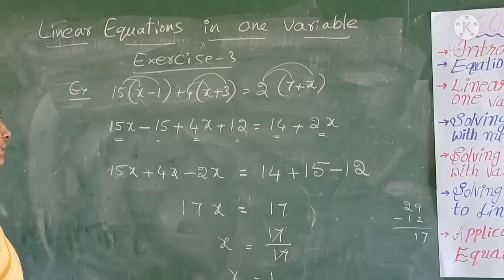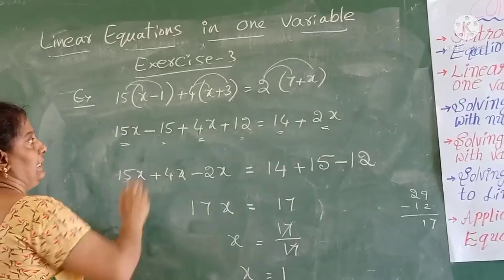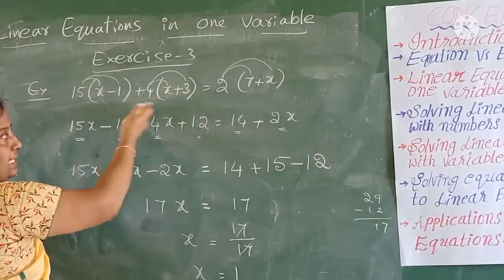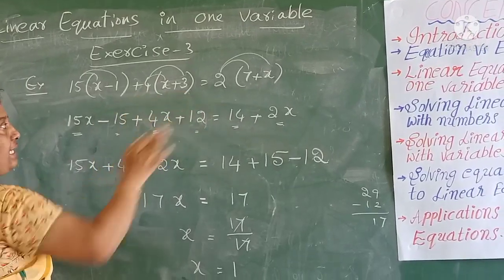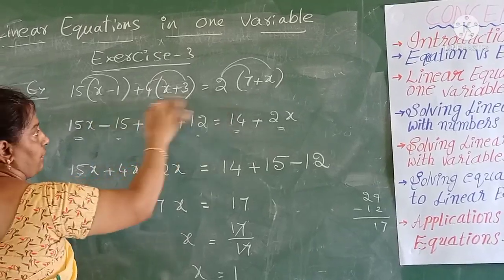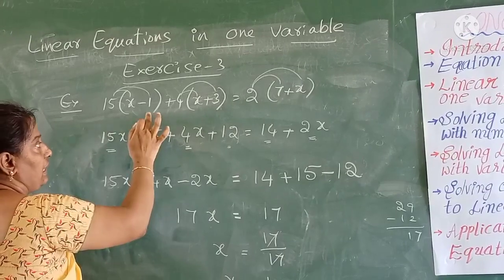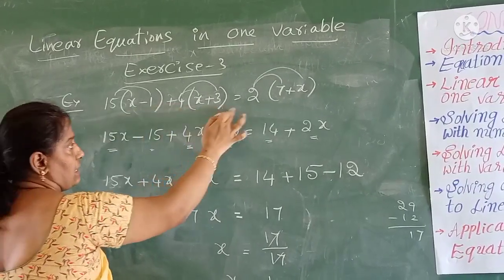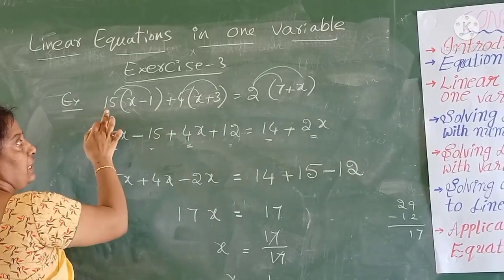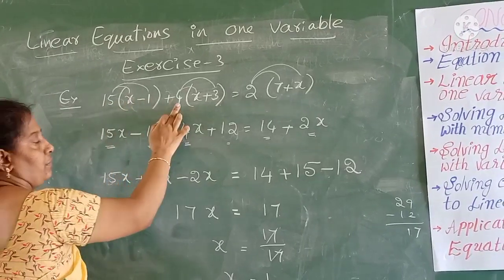Once again, I am telling you, it is the same as the previous problem. What is the difference between the previous one and this one? There are more brackets on the left hand side and the right hand side. The model is the same. For these types of equations, you have to remove the brackets first. For that, multiply the number before each bracket: 15, 4 and 2.